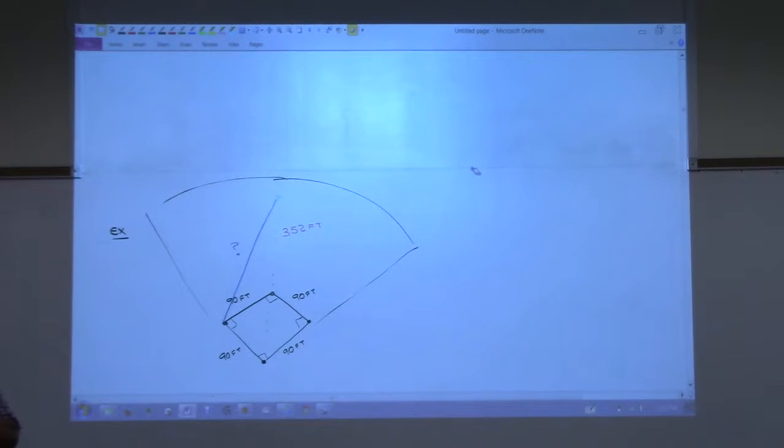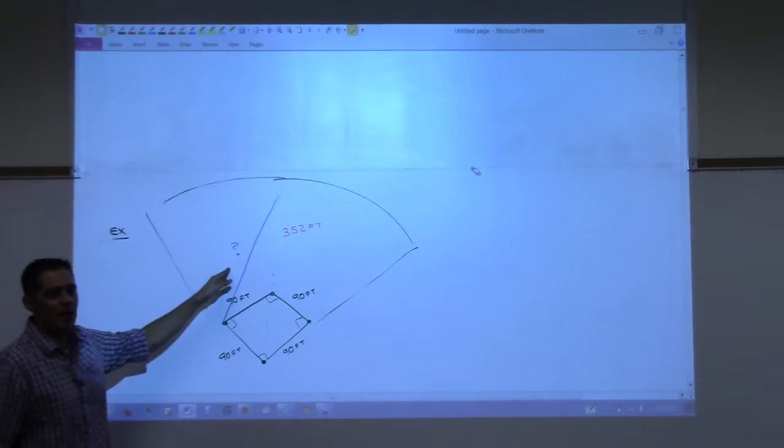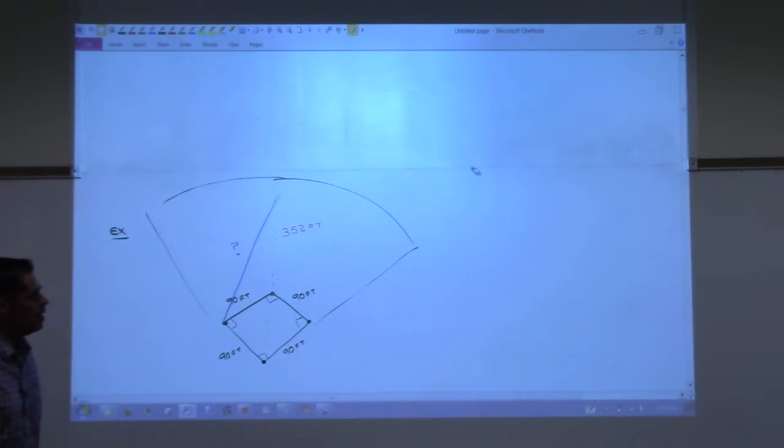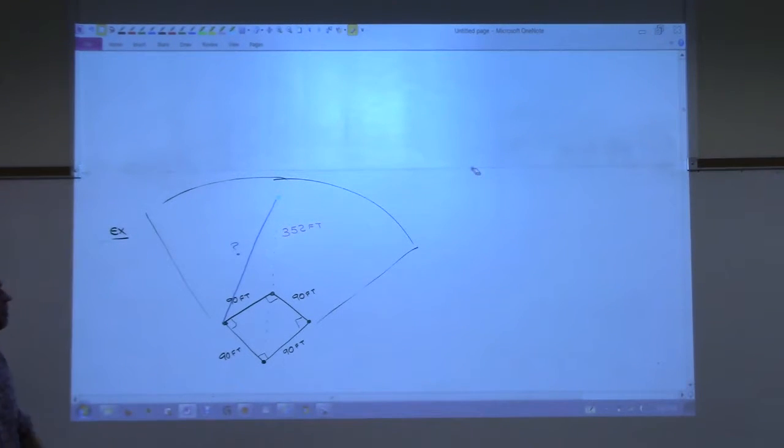Yeah, y'all can talk to each other. We're just finding that length, right? All I want is this length right here. That's it. This is not a super complicated problem like the previous one with the calculus part. It's pretty much a problem right out of the back of your book, or back of the section.